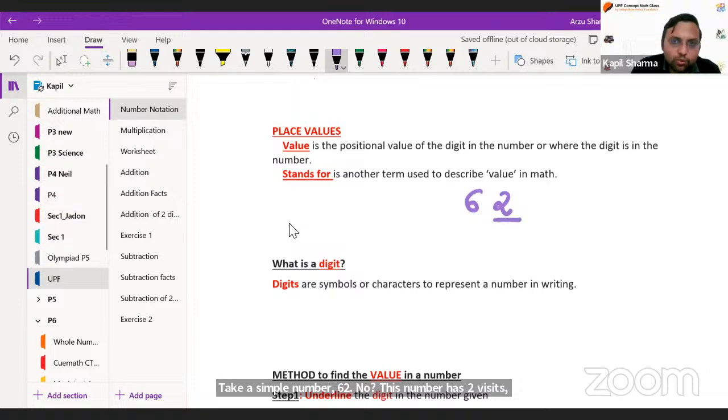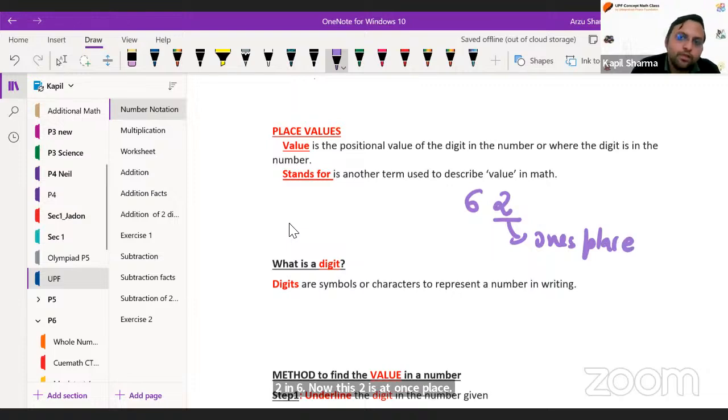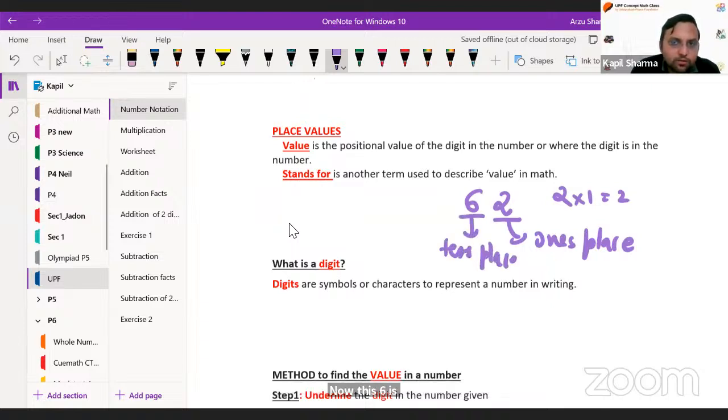Now this 2 is at ones place, so its positional value would be 2 times 1, which is equal to 2. Now this 6 is at tens place. So what would be its positional value? 6 times 10, which is equal to 60.